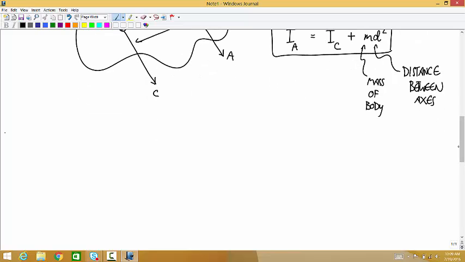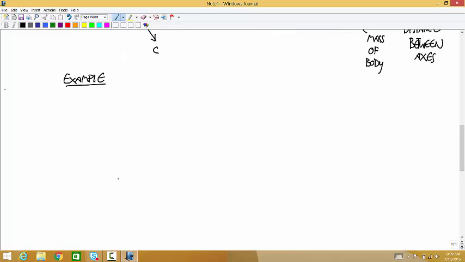So let me show how this comes up. Let's say that we have a T shape. Is that what I want to do? Yeah, let's do it. Okay, so let's say that this distance is 1 meter.